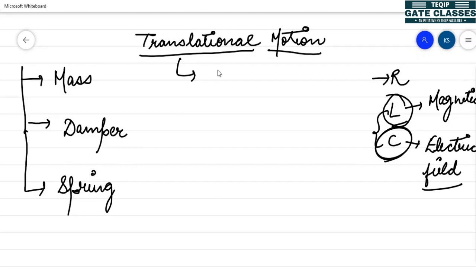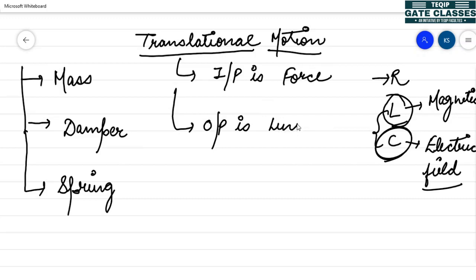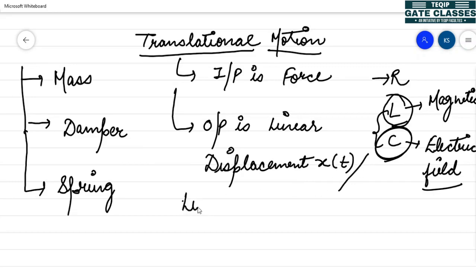In translational motion, input is always force and output is linear displacement, which is generally represented by x of t, or linear velocity, which is represented by v of t.